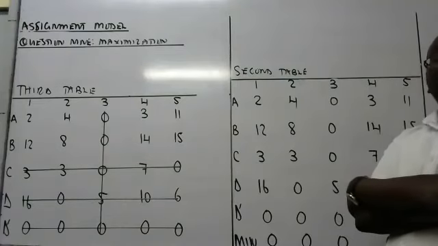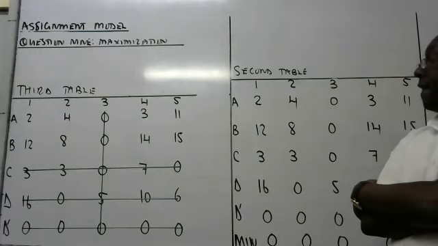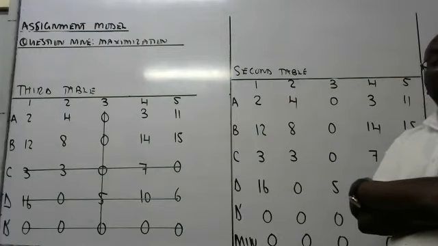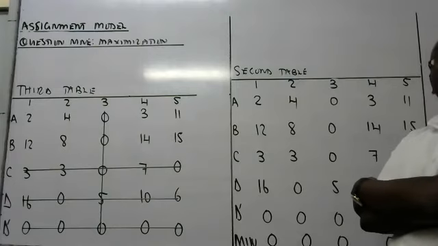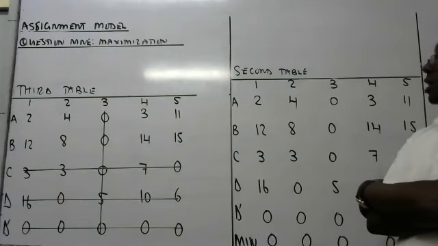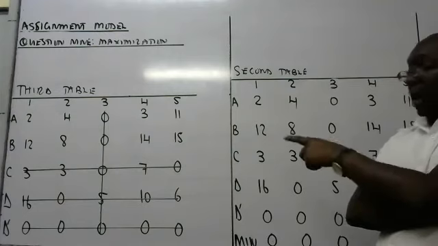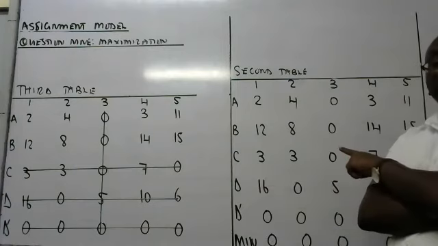When you have crossed all the zeros, count how many lines those are. 4. Are we optimal? No, because the lines are not equal to either our rows or our columns.